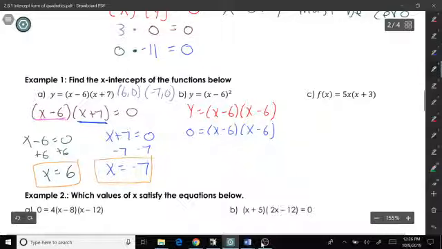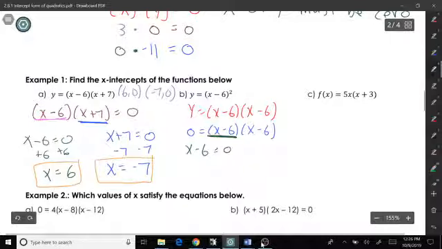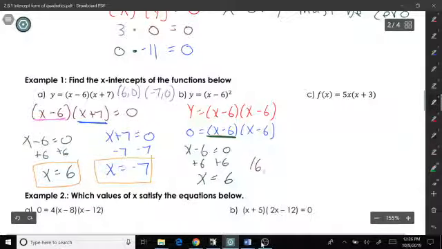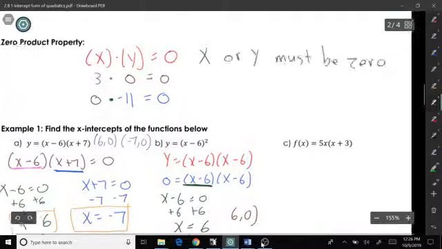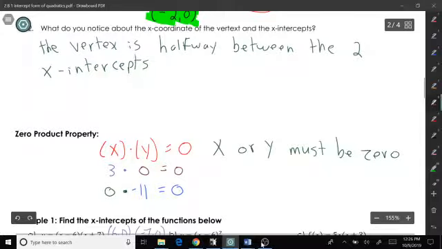So we only need to set one of them. So x minus 6 equals 0. Add 6. X equals 6. Which then means our intercept is 6 comma 0.